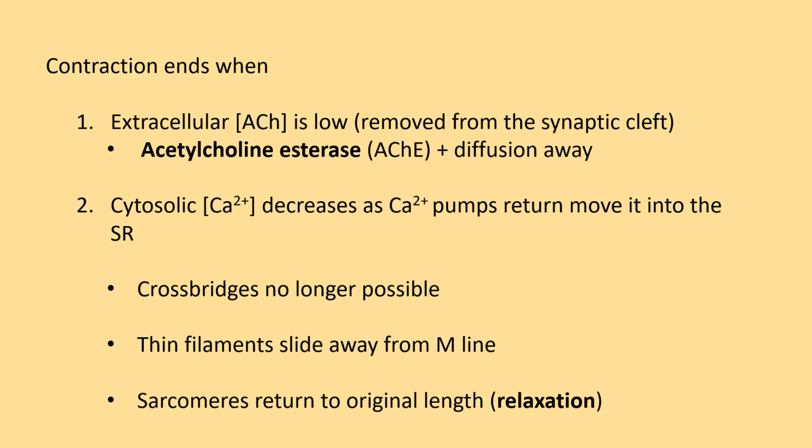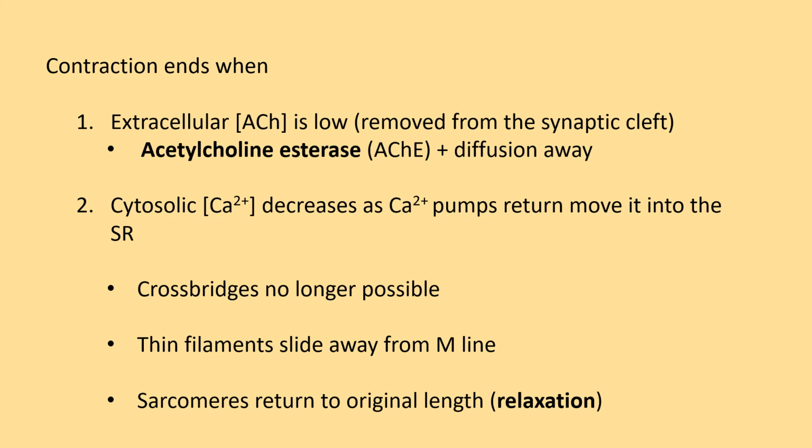Following muscle contraction, a muscle will relax. And how does relaxation occur? Step 1 in relaxation is to eliminate acetylcholine from the synaptic cleft. We need to stop that cell-to-cell signaling between the motor neuron and the skeletal muscle cell.